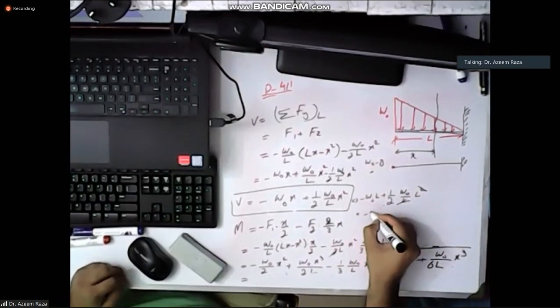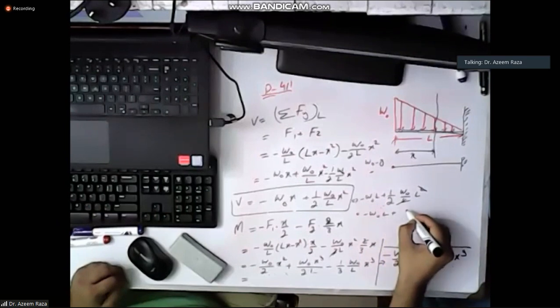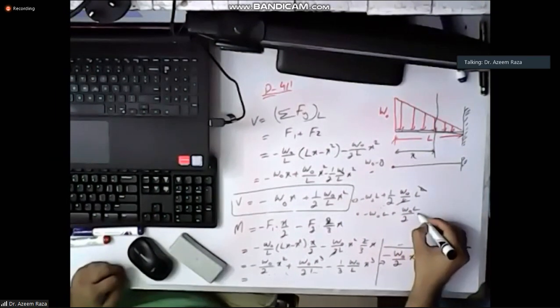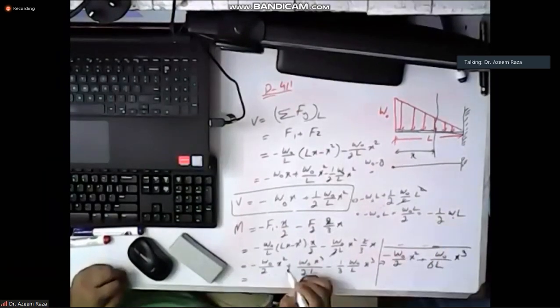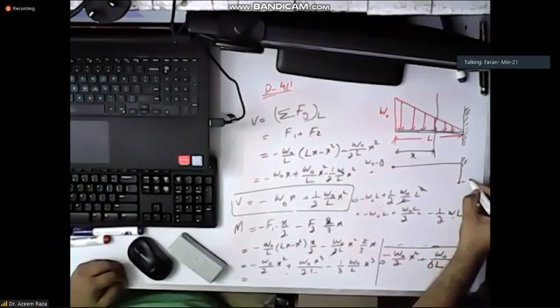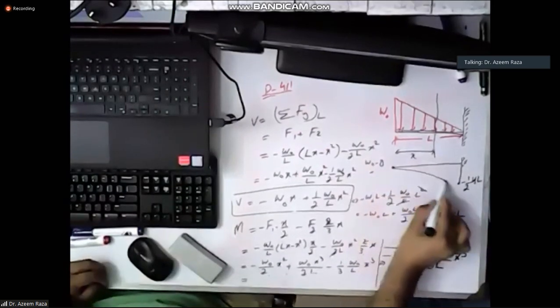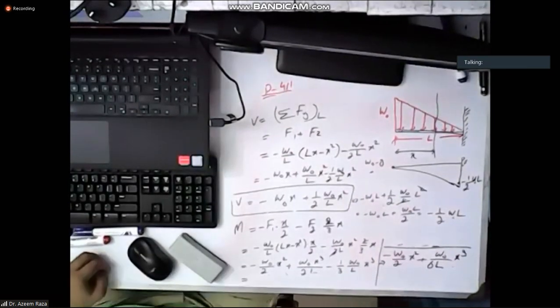So I'm left with minus W naught L plus W naught L over 2. That means answer would be minus 1 over 2 W naught L. It's a second degree equation. So I take a value of minus 1 over 2 W naught L and then just draw a second degree curve. Good?